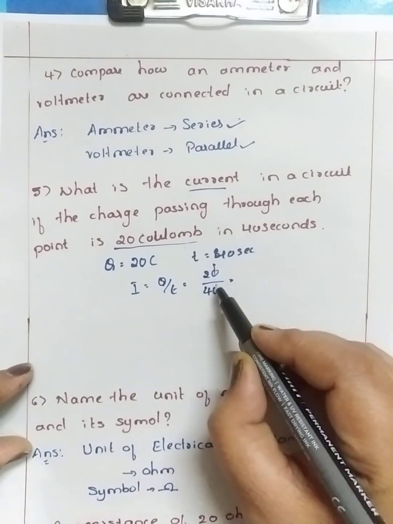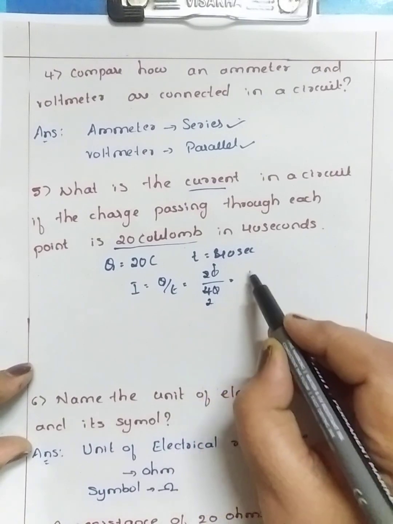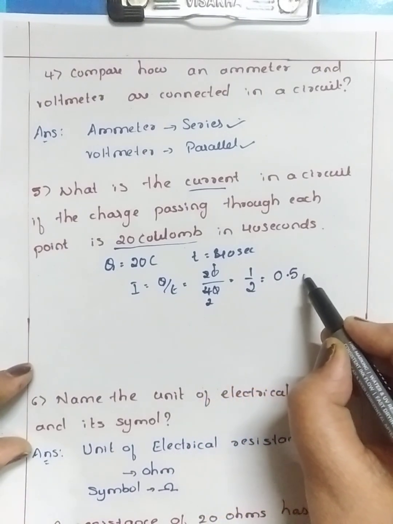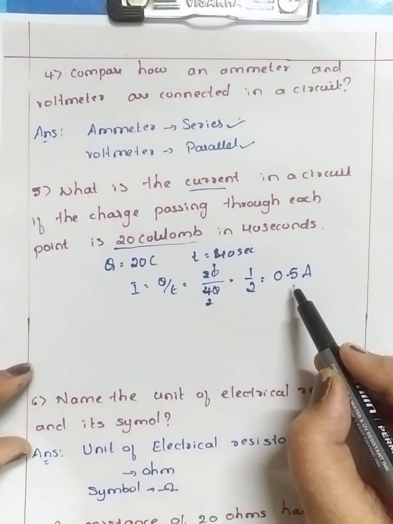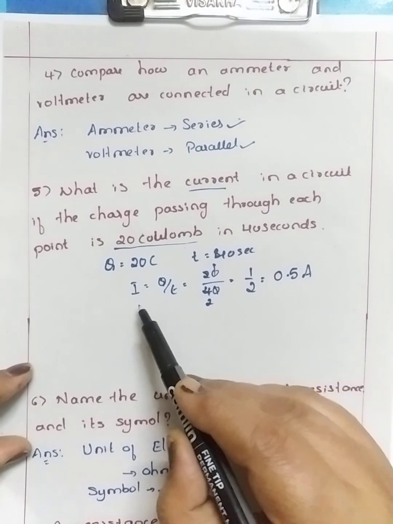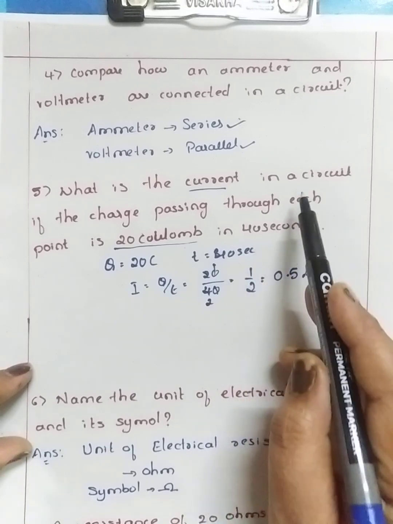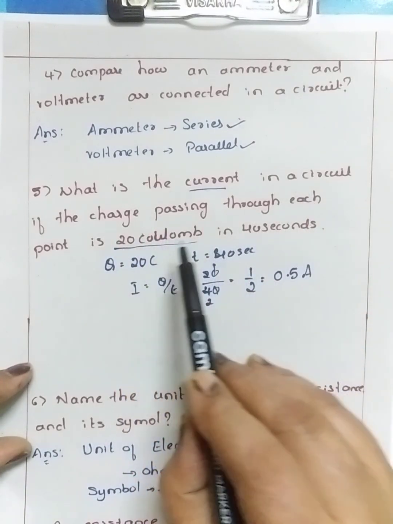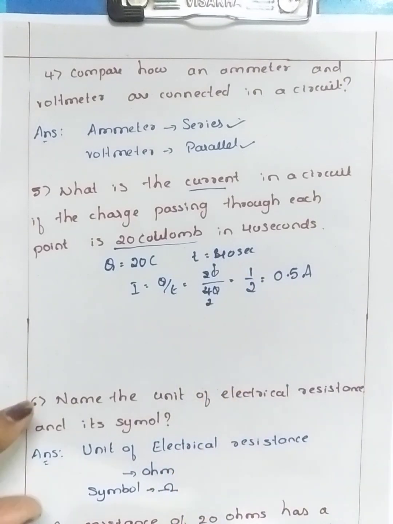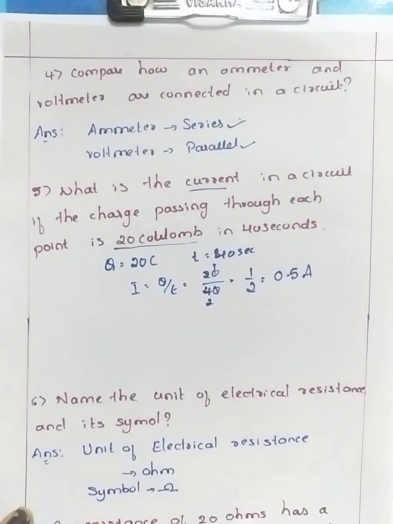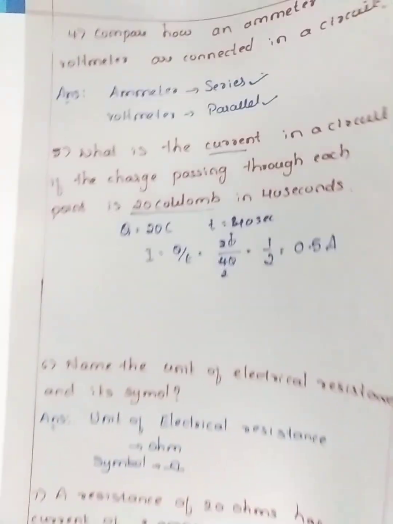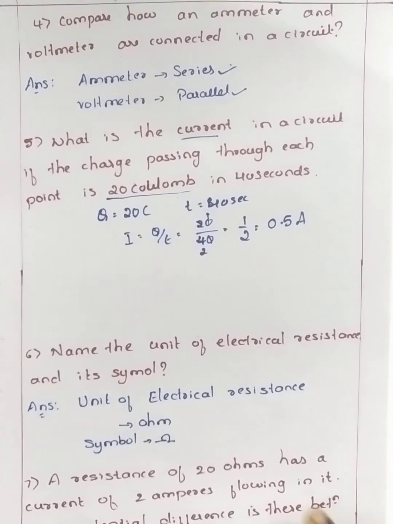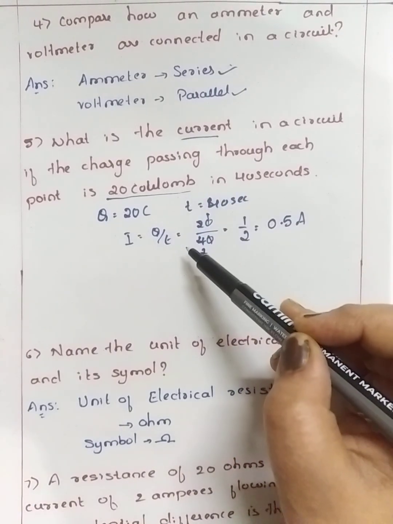So 20 by 40 is 1 by 2, which is 0.5 ampere. So 0.5 ampere is the current passing through the circuit if 20 coulomb of charge flows in 40 seconds. When such types of questions are given, we have to write what is given in the question.